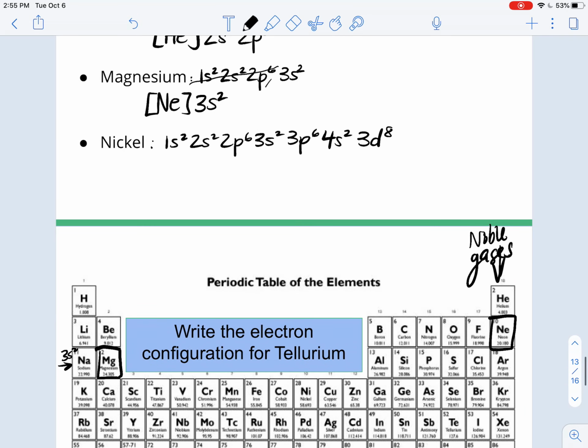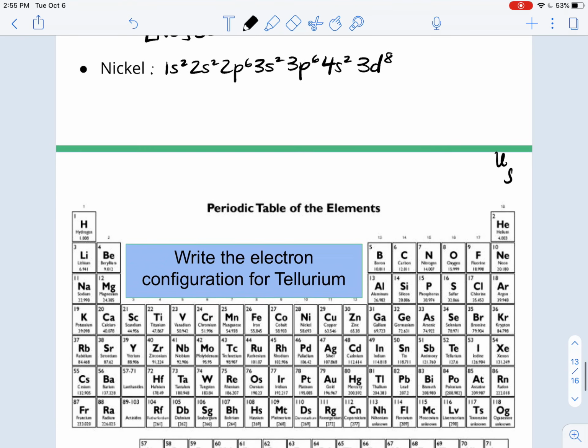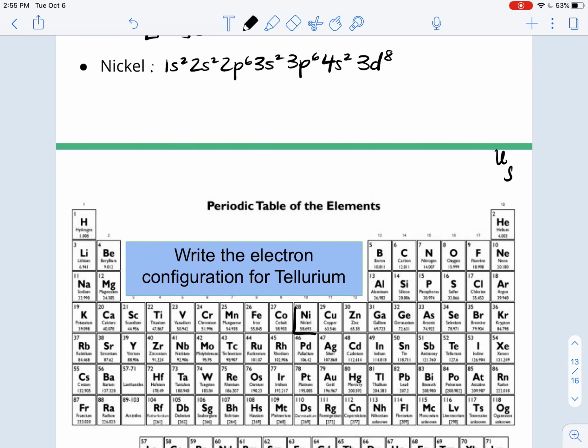Okay, we can do the same thing for nickel. Nickel is right here. So the noble gas before it is argon.